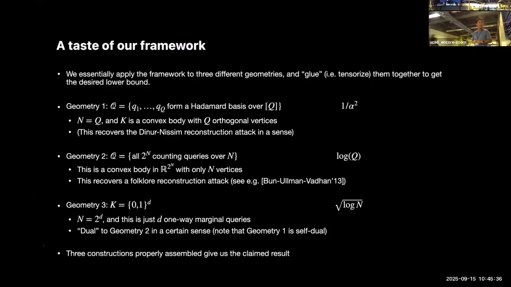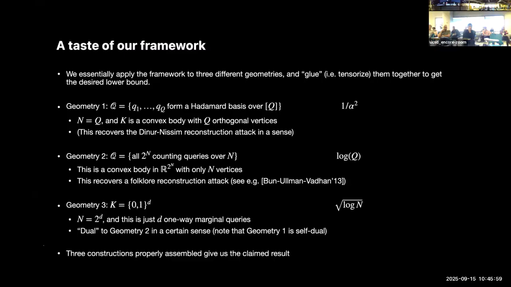And the second geometry is you have a small domain n, and you just ask all the possible 2 to the n counting queries over the domain n. And this is actually a convex body in a very high dimensional space, but at the same time, it's very thin. It has only n vertices. So actually, it's even degenerate, I guess. And I guess this requires a folklore reconstruction, where you can find a reference from, for example, Blum and Wodan.